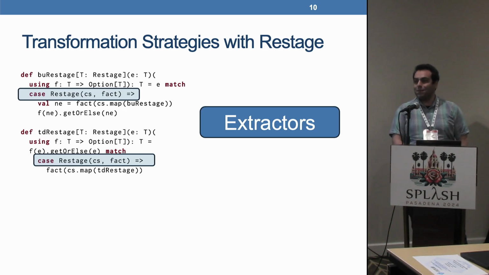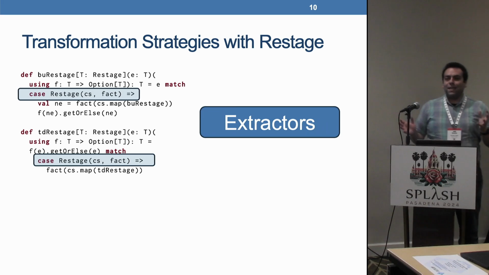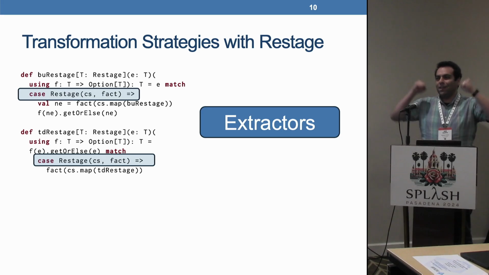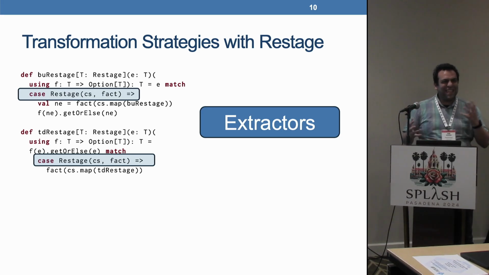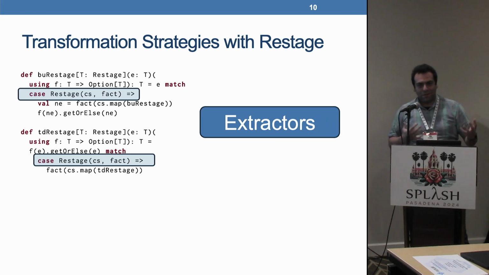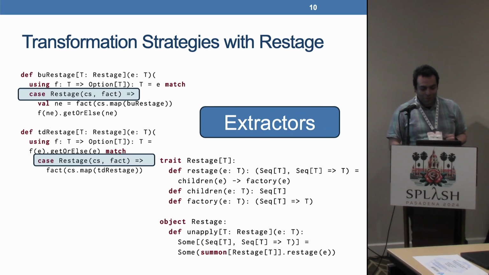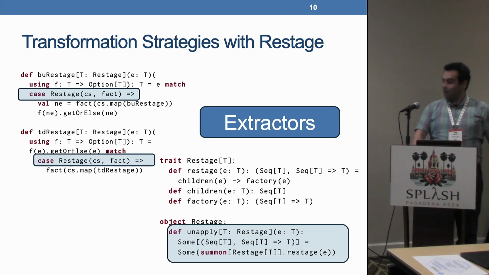How does it do that? Think of the case whenever you're building a construct, you're constructing an expression. Basically, it's like applying it to the set of its children. And somehow the extractor is doing the reverse of that. That's how it is called in Scala: it's called an unapply.